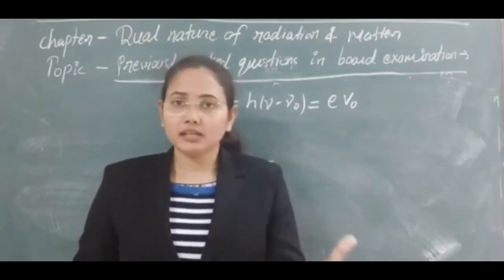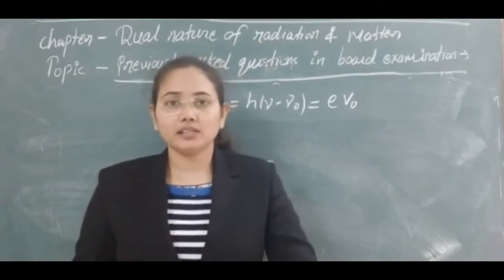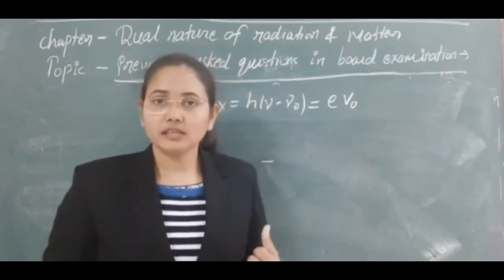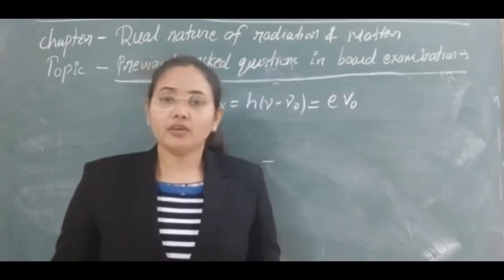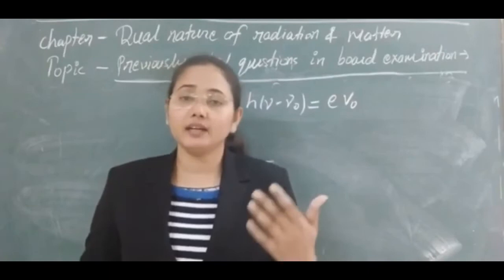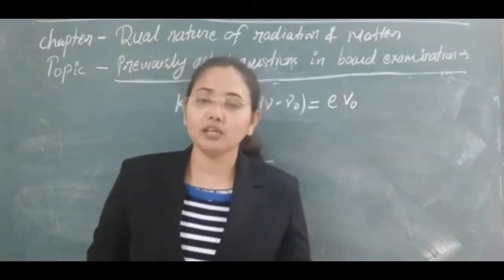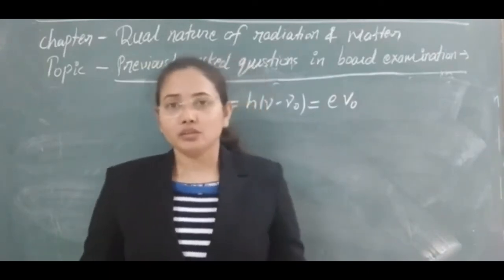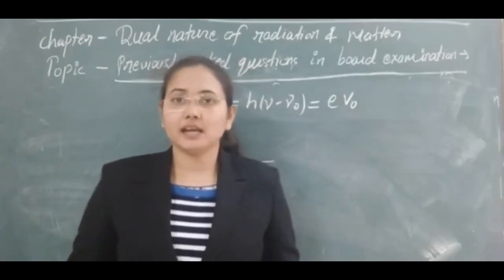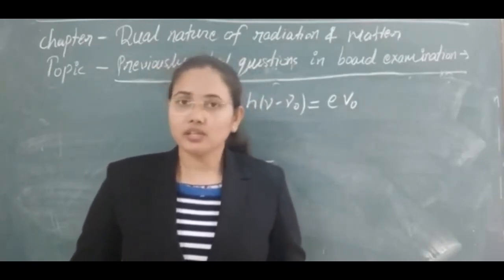So the greater the number of photons incident on the metal surface, the greater the number of electrons ejected. Number of photons is directly proportional to the number of electrons ejected, and the number of photons is directly proportional to the intensity of radiation. So this feature can be easily explained by using Einstein's theory, but not using the wave concept.